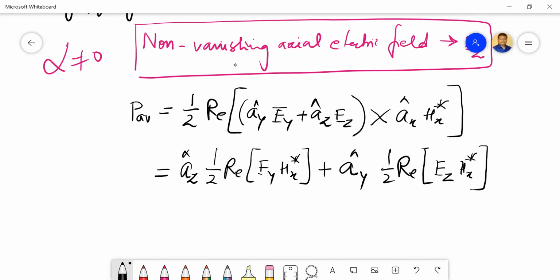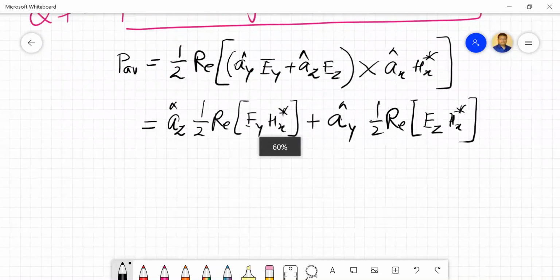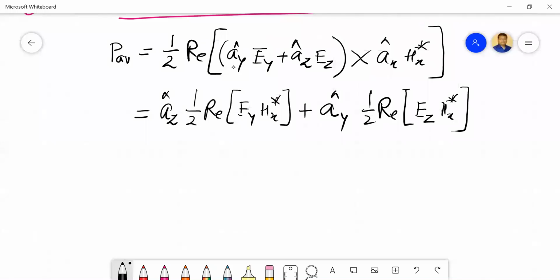These are the two things. I hope there is no issue with this. So let us try to understand what these things are.